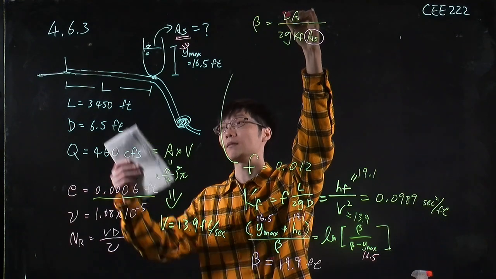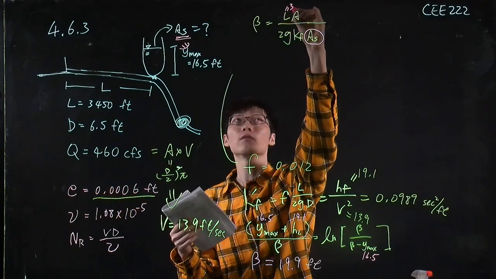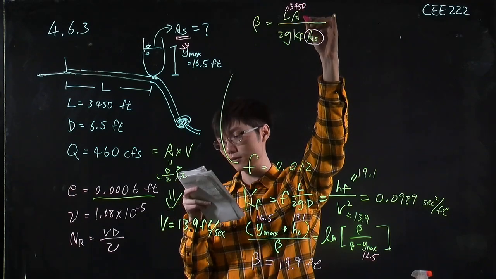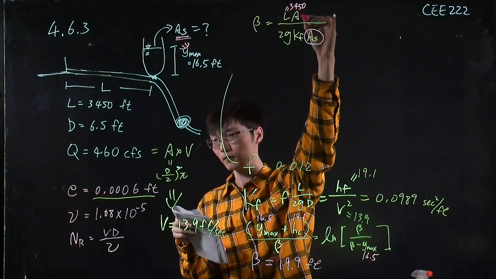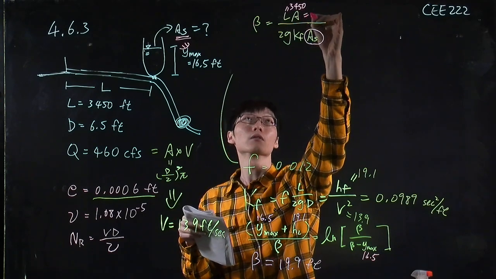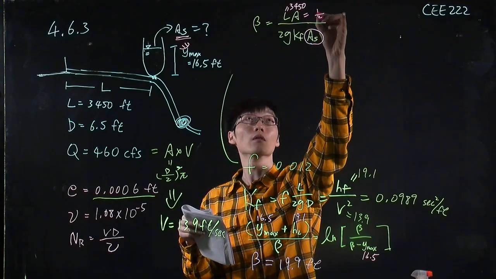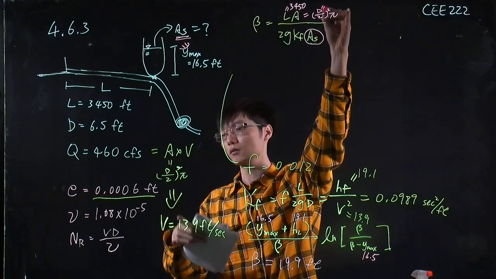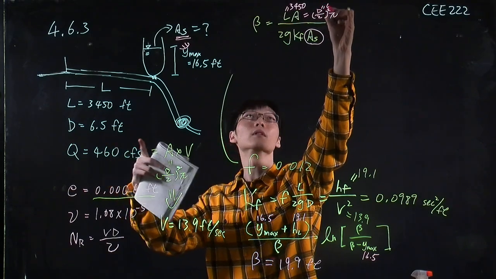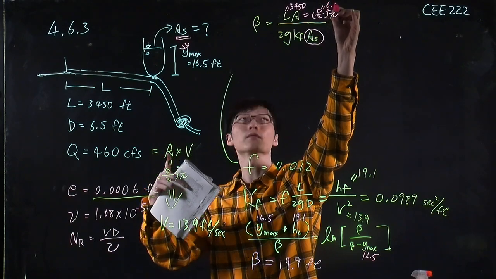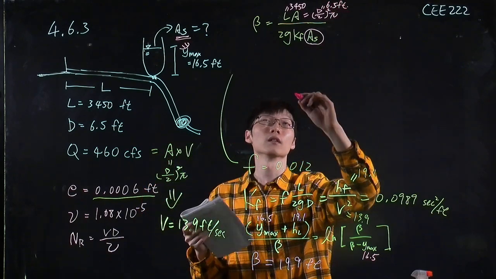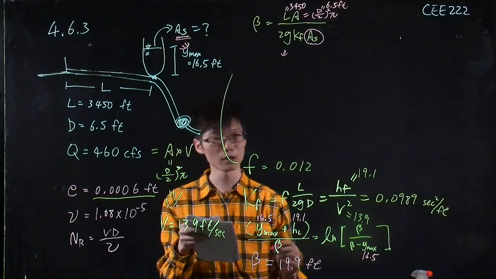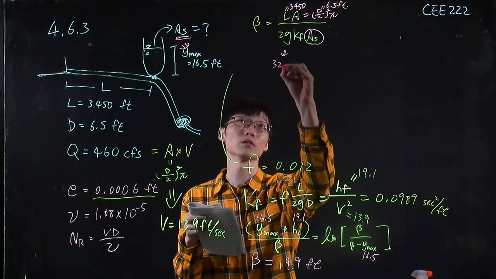The length of the pipeline is equal to 3,450. The area is equal to pi over 4 d squared. The d is equal to 6.5 feet. And g for the English units is 32.2.